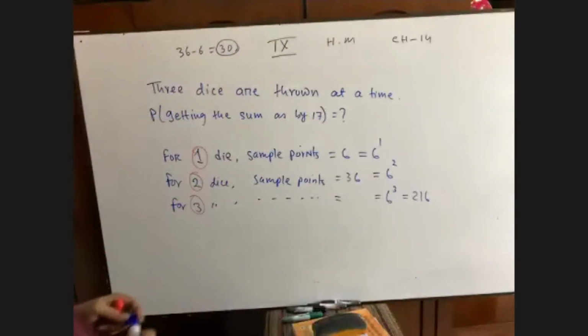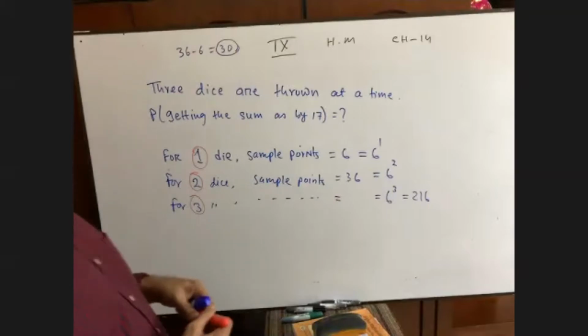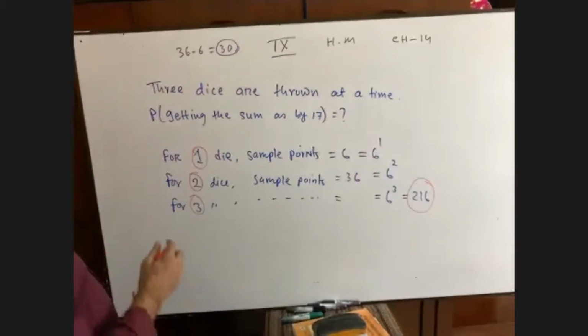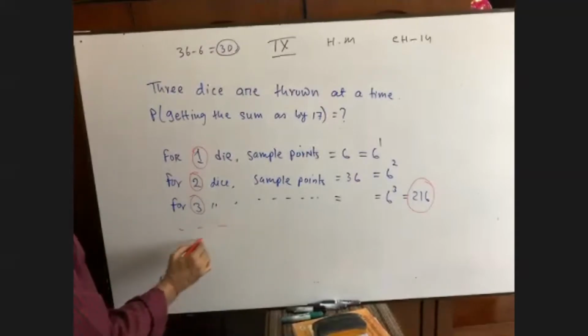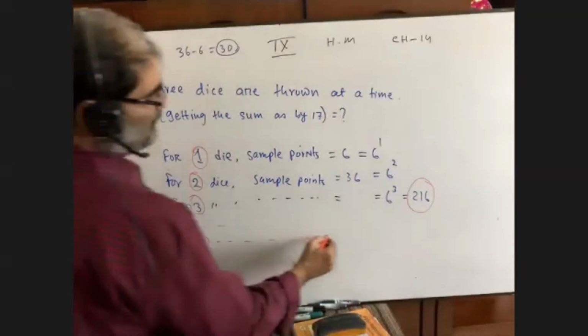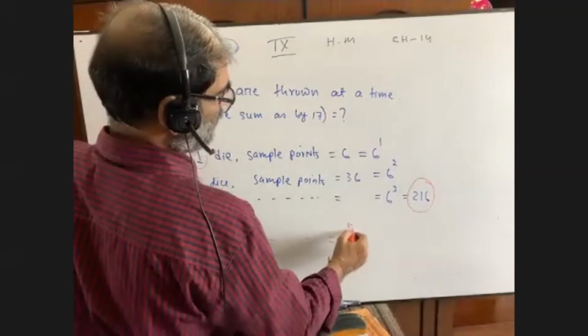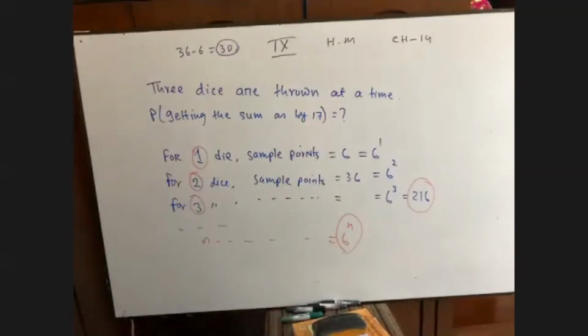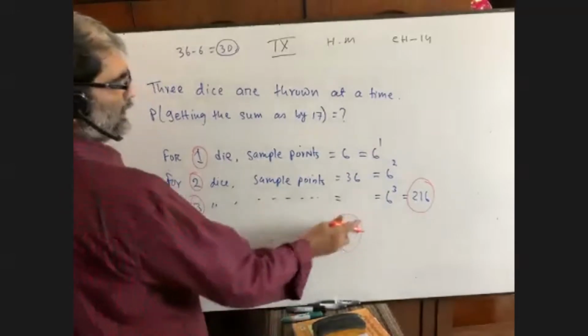So if 3 dice are thrown at the same time, then we will get 216 sample points. Okay, if it is n times, then our answer will be 6 to the power n. This is the formula.